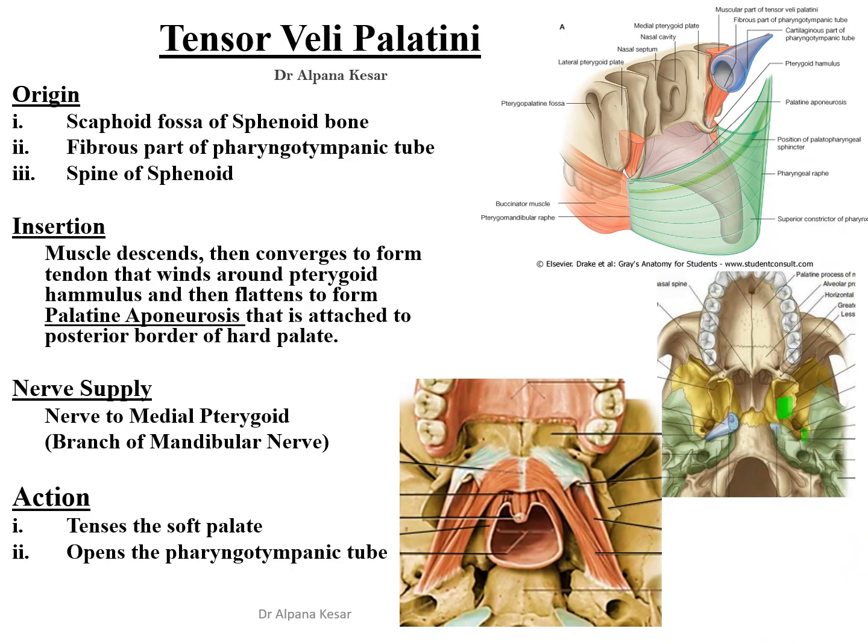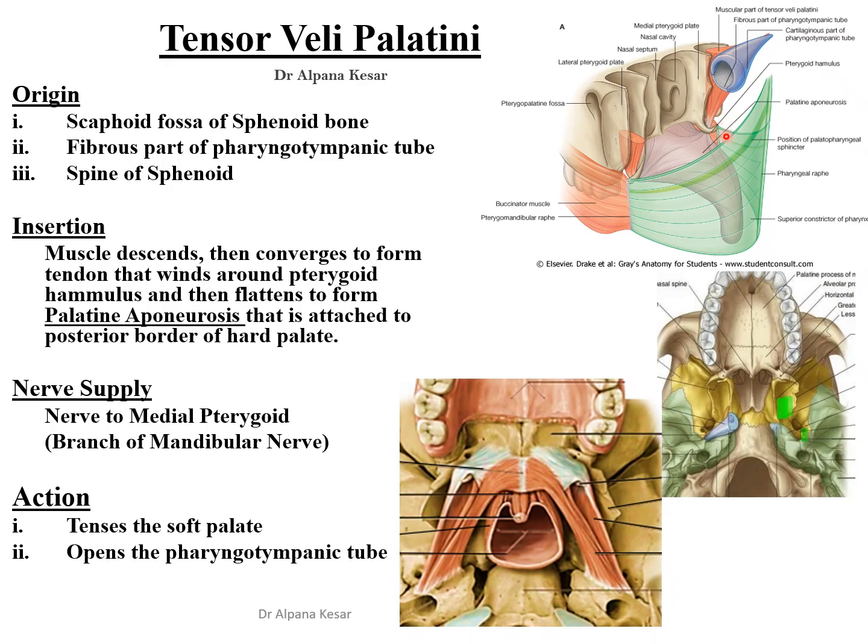Tensor veli palatini. The origin of tensor veli palatini is from the scaphoid fossa of sphenoid bone, from the spine of sphenoid and from the pharyngotympanic tube. The muscle fibers descend till the pterygoid hamulus. On reaching pterygoid hamulus, the muscle fibers will converge to form the tendon of tensor veli palatini.